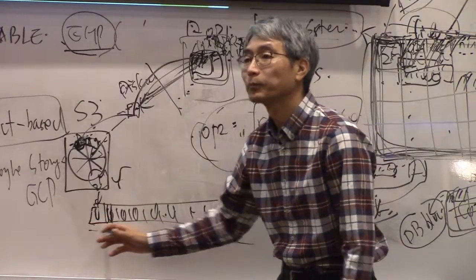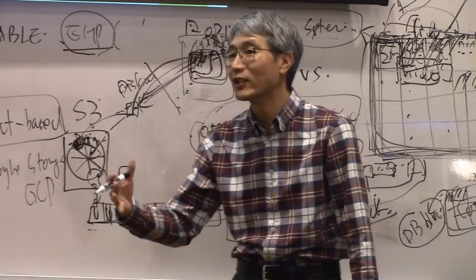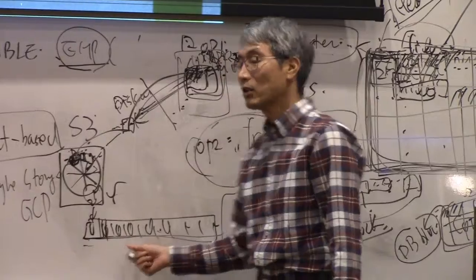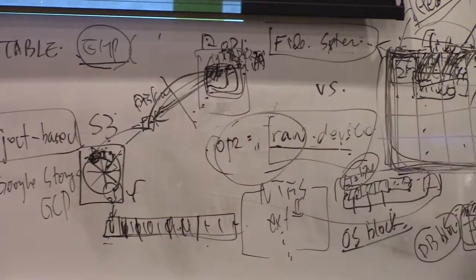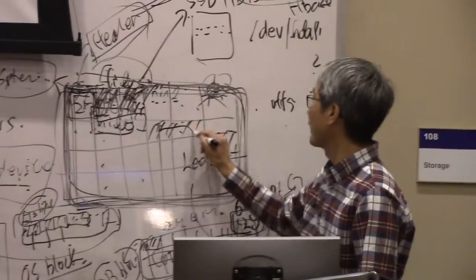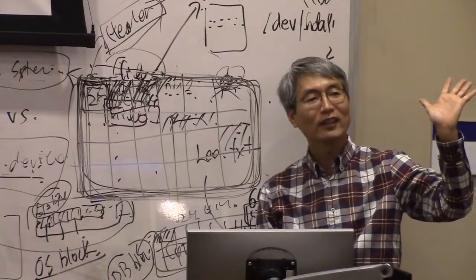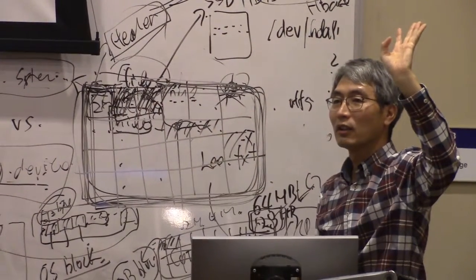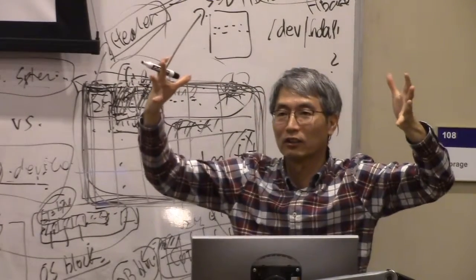There are instructions for the bitmap. Bit operation is the fastest operation at the CPU level, processor level. So we can use it to find an available block and allocate, change to 1, 1, 1, 1, 1 like that. How can you manage a number of blocks for a table? There are different ways. You can use a linked list, or you can allow only 5 contiguous blocks all together.